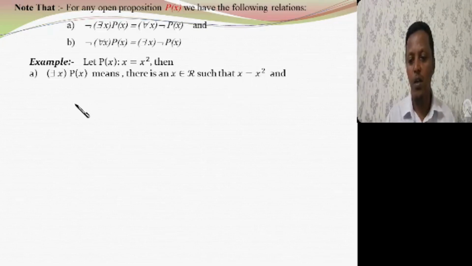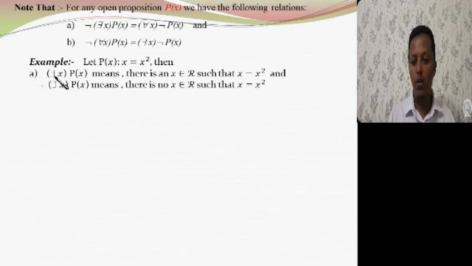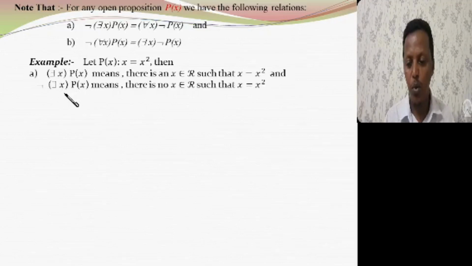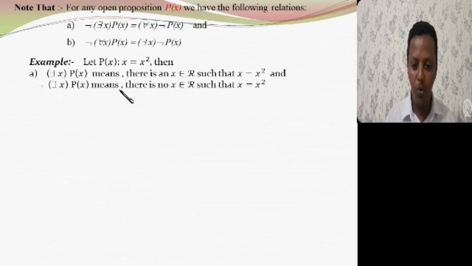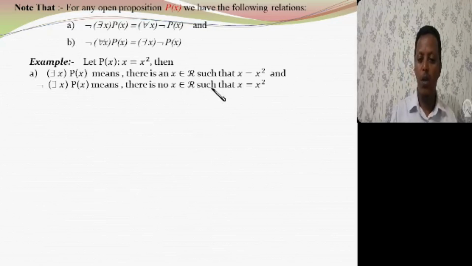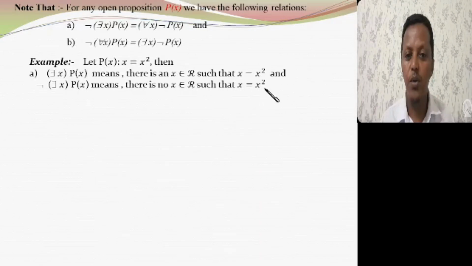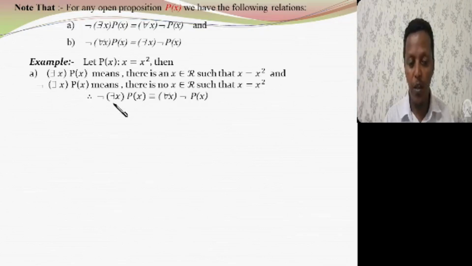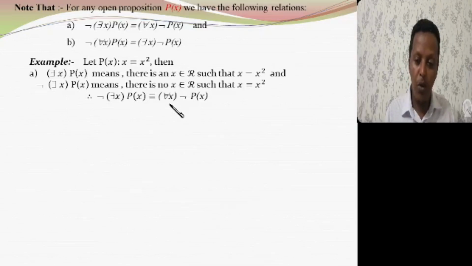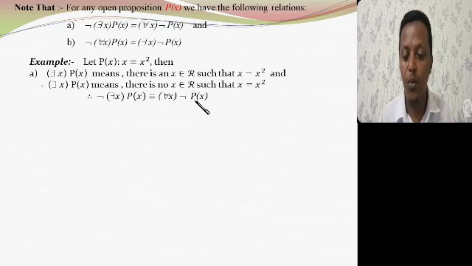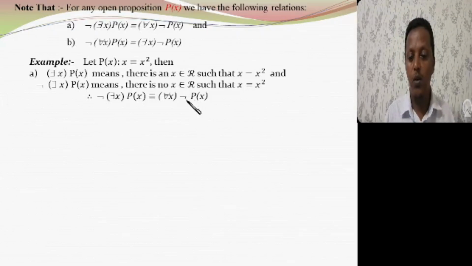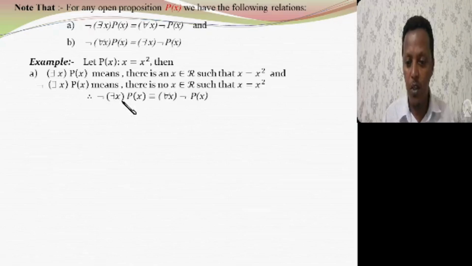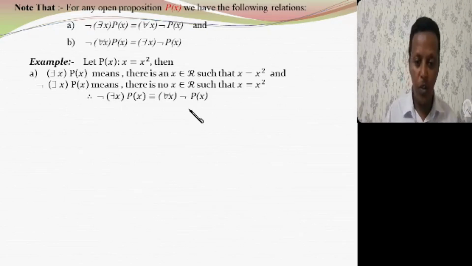Now if you take the negation of there exists P of X, the negation means what? There is no X from the real numbers such that X equals X squared. No X satisfies the property of P. So if no X satisfies the property of P, that is the same as all X dissatisfy the property of P. So if this is false, this is also what?